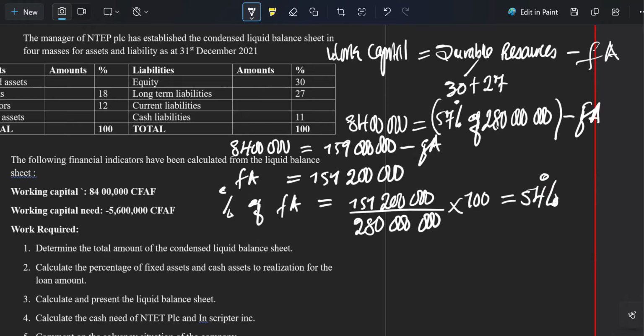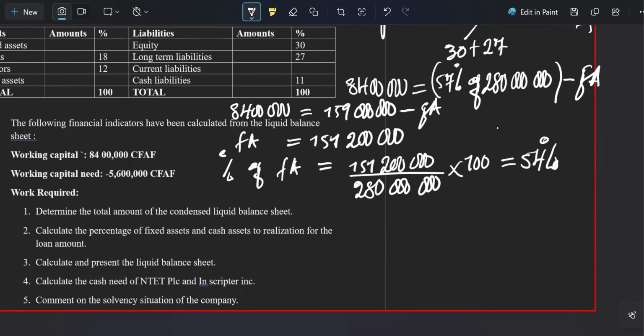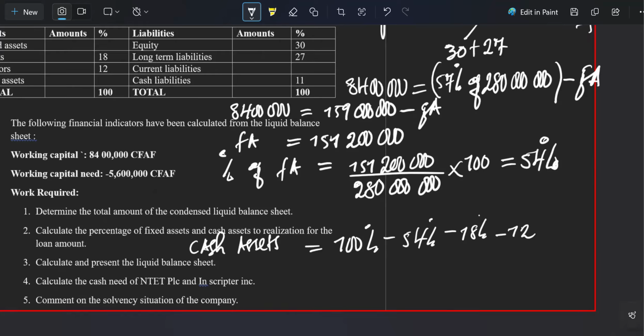Now let's calculate for cash assets. For the percentage of cash assets, we're going to say 100% minus 54% minus 18% minus 12%.